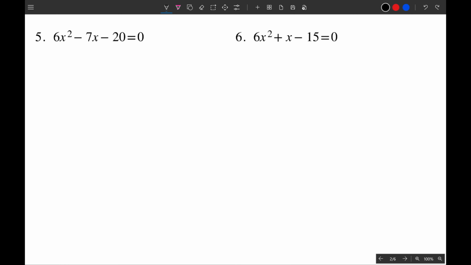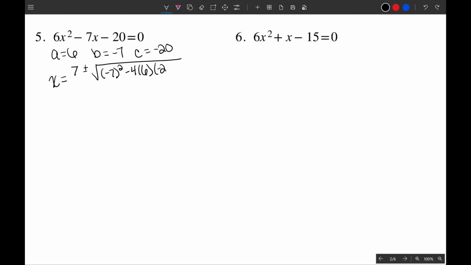All right, number 5, my a value is 6, my b value is negative 7, and my c value is negative 20. So x is equal to the negative b, which would be positive 7, plus or minus the square root of b squared minus 4 times a, which is 6, times c, which is negative 20, all over 2 times a, which is 6.